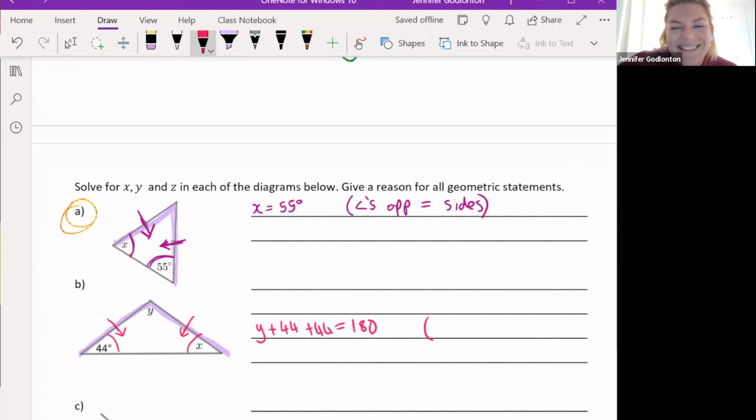Ma'am, I'm not sure of the reasons for now, because I'm still new. Okay. So I'll help you out for my reason, but remember your reason is half of the battle. Sum of angles in a triangle. So now the thing is, that's a great step, but we can't start there. Why can't we start there? What do we have to do first?